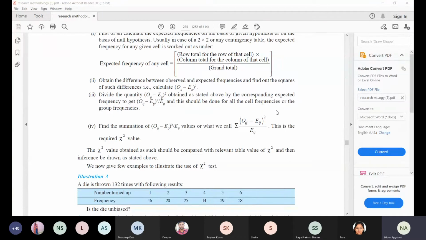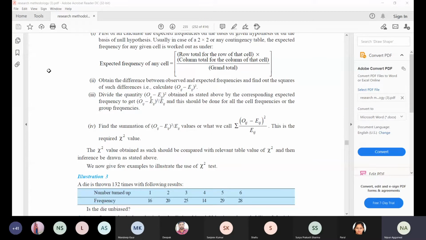I'll note down this question in Excel so that we can solve it there. You are given the outcome and the observed frequency.